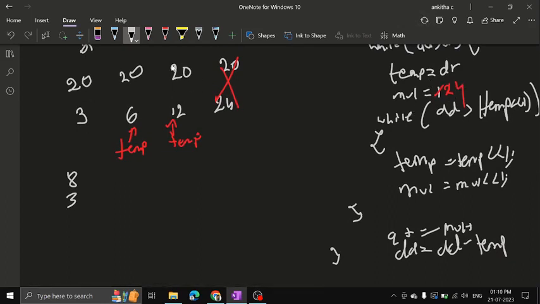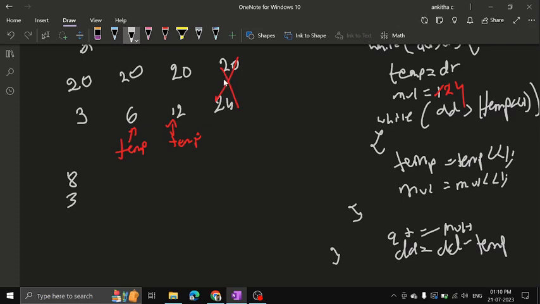Until you have the dividend greater than the divisor left shifted by 1 position, temp by 1 position, if the condition becomes true, then left shift by 1 position. That means multiply the divisor by 2. Also multiply the multiple by 2, because we are performing the multiply operation.